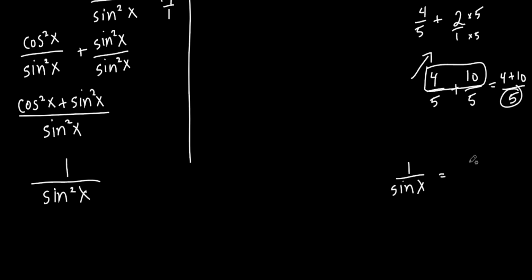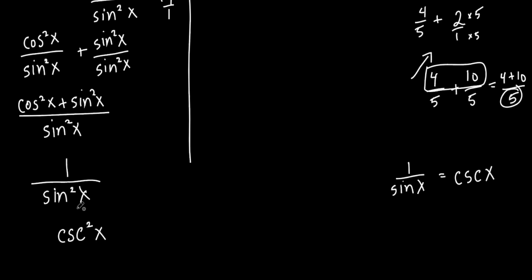Give me a word. It's the cosecant of x. So if 1 over the sine of x is the cosecant of x, then 1 over the sine squared of x is going to be the cosecant squared of x.